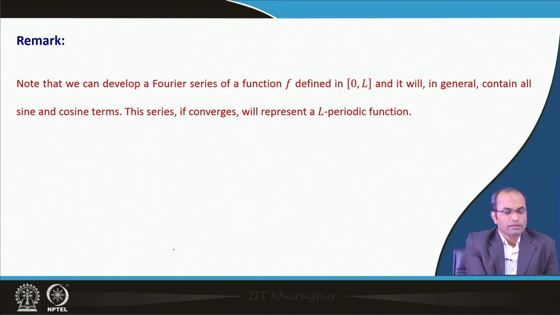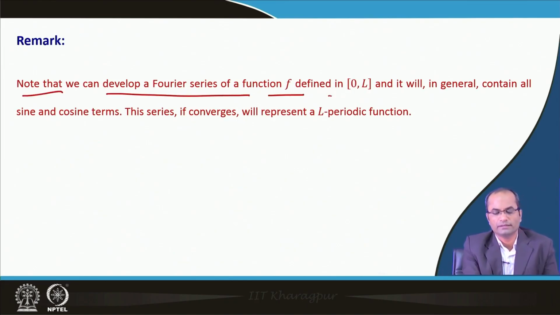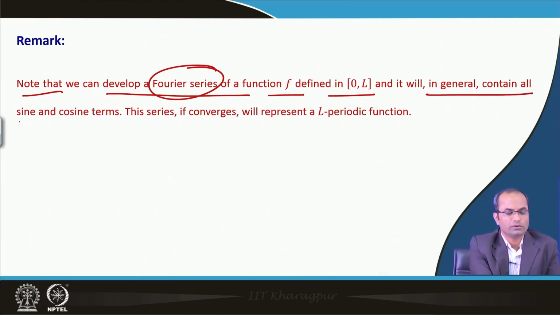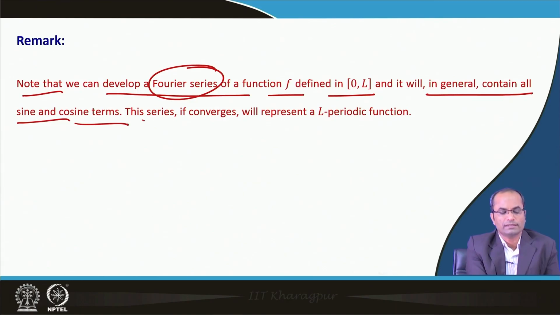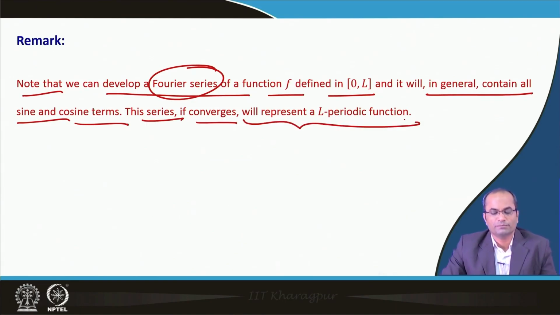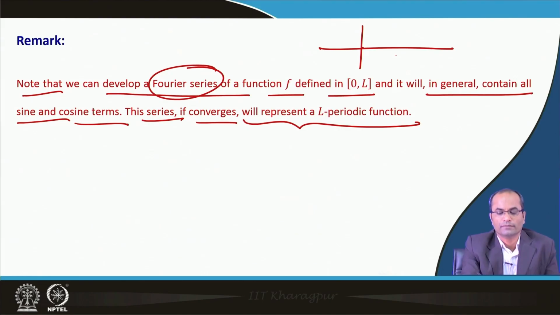So, just a short remark, note that we develop a Fourier series of a function f defined in the interval. So, we can develop the Fourier series, not the half range, the Fourier series, and it will in general contain all sine and cosine terms, and this series, if it converges, we know that it will represent an L periodic function, because the function was defined in this 0 to L region.